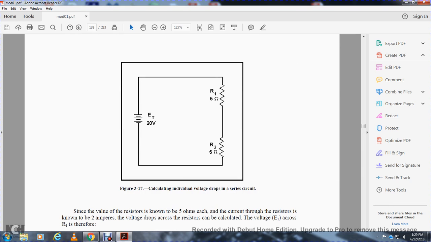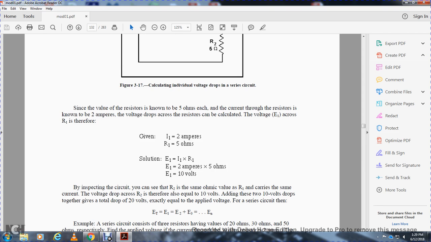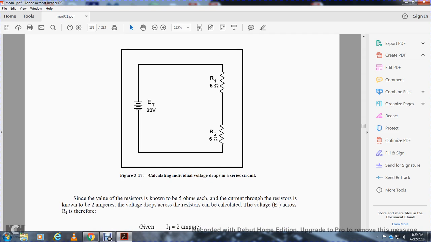Figure 317: calculating the individual voltage drops in the series circuit shows that the 20 volts is across resistor 1 and 2, that you have the voltage total of 20 volts over ohms, which gives you 10 amps. So then the value of the 10 volts, resistor.